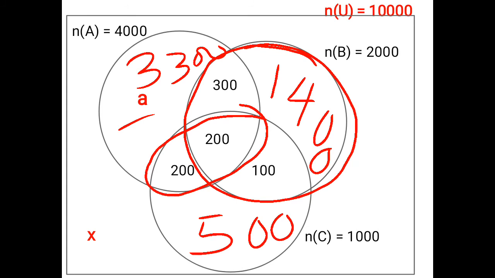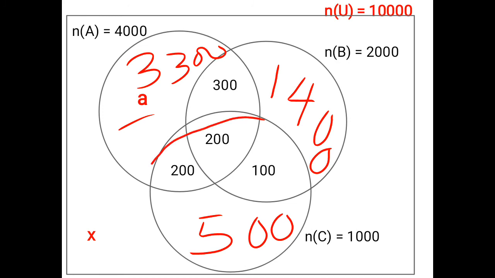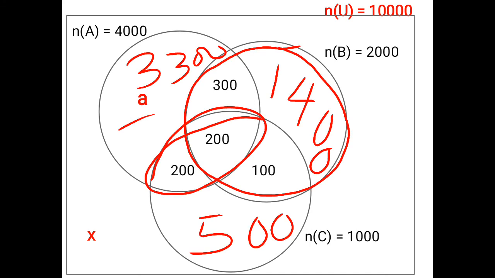That is both A and C. But then the question said A and C, but not B, meaning when we take the B circle out, this side is going to go away, it's going to vanish, meaning we are left with 200, right? We are left with 200.